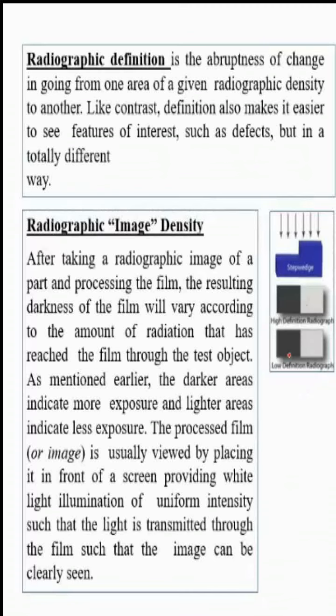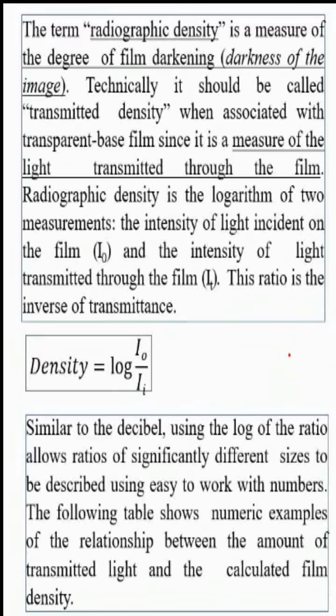What is the formula for density? Density is equal to log I0 divided by IT. This is reversed, I have written. Incident divided by transmitted. If I0 is the incident and IT is the transmitted, then we have incident divided by transmitted, that is the density.